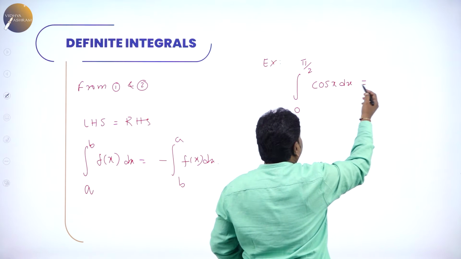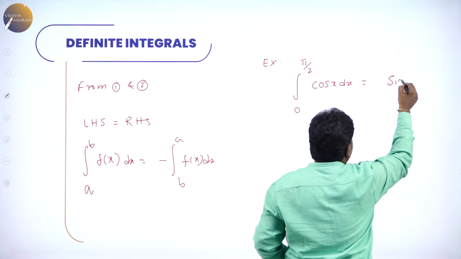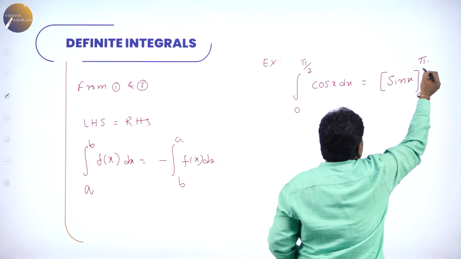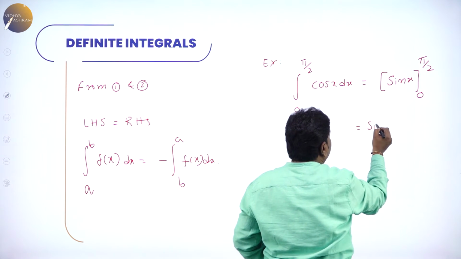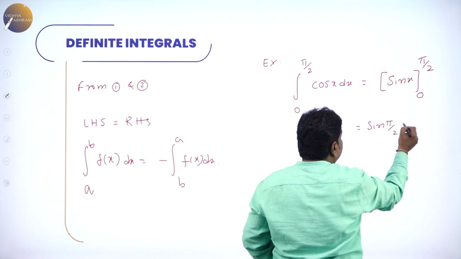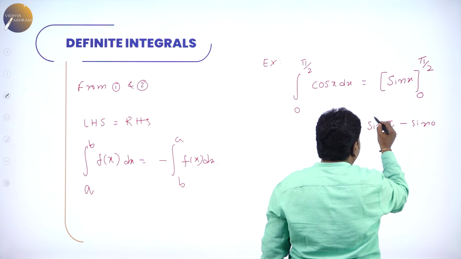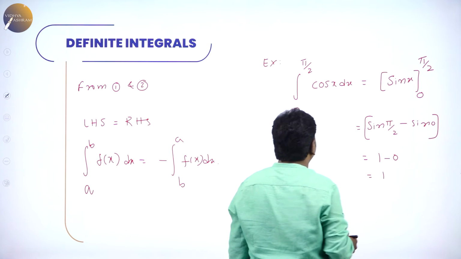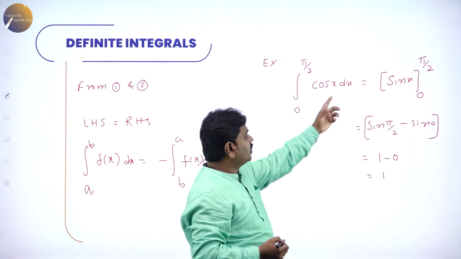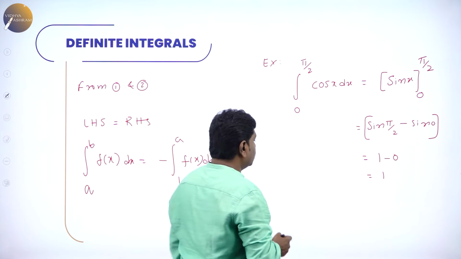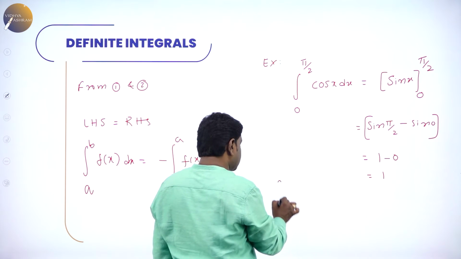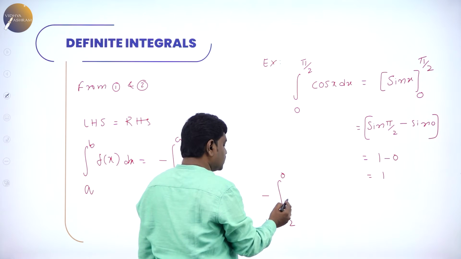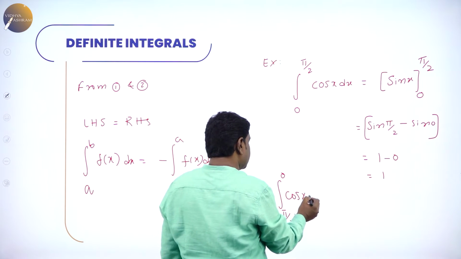Upper limit minus lower limit: sin pi by 2 minus sin 0. What is sin pi by 2? Sin 90 is 1. Sin 0 is 0. So you got 1.